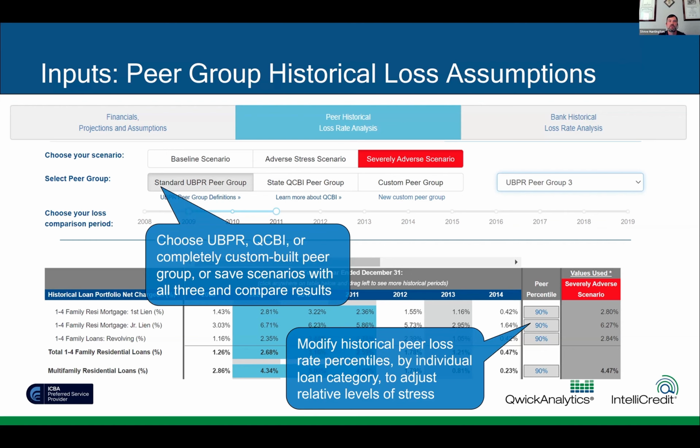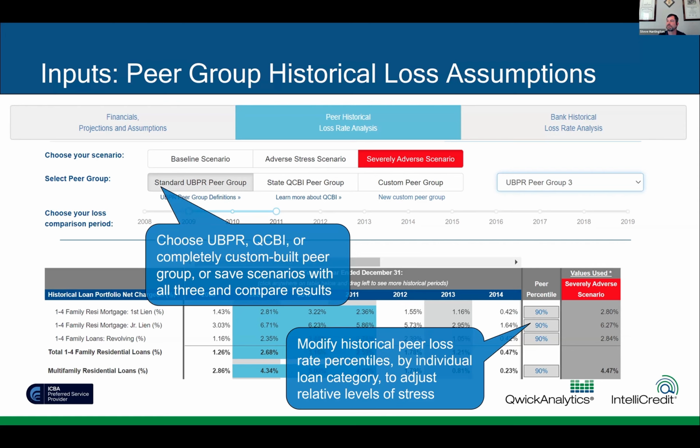So you might be using 2007, 2008 if you're a California community bank, but not really going beyond 2011. Whereas if you're in Georgia, you might be looking at 2010 through 2012 or 2013, and Virginia or Mid-Atlantic maybe even later. So it depends on where it hit your region the hardest and when.